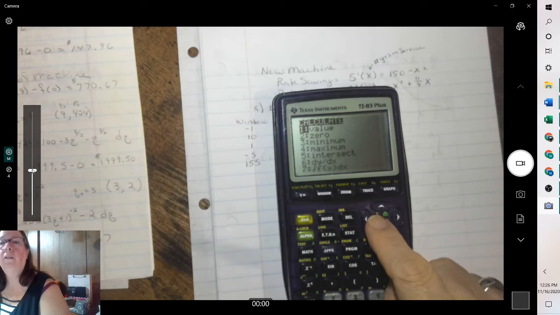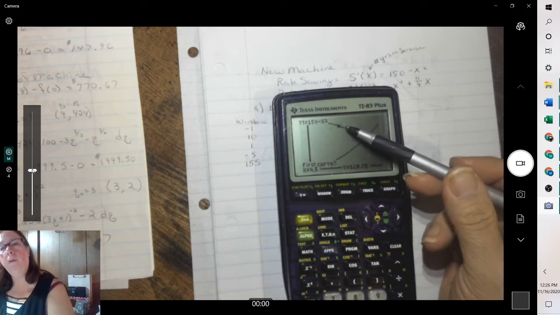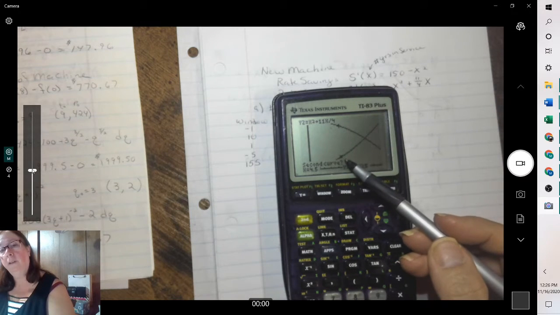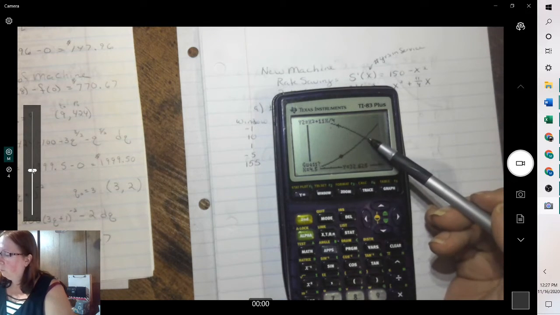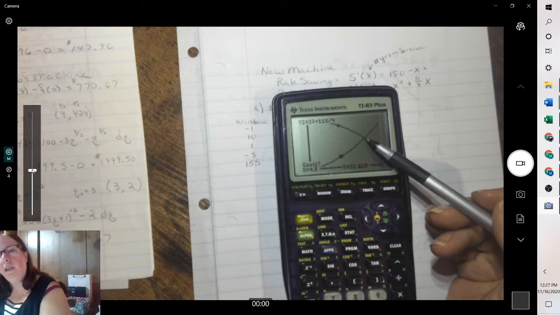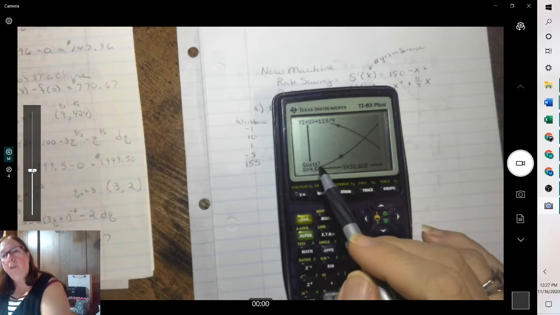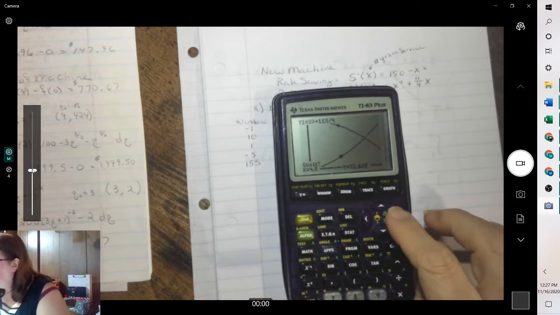Second calc, go down to intersect and hit enter. Notice it's on one of the curves and it says first curve, hit enter. Now it went to the other curve, hit enter. Since there's only 2 curves, you can just hit enter through those. Now there's only one place to intersect, but if we had the whole graph, there's actually a place over here. So you need to guess. Now you could put 10, or you could move it, see the cursor moving?